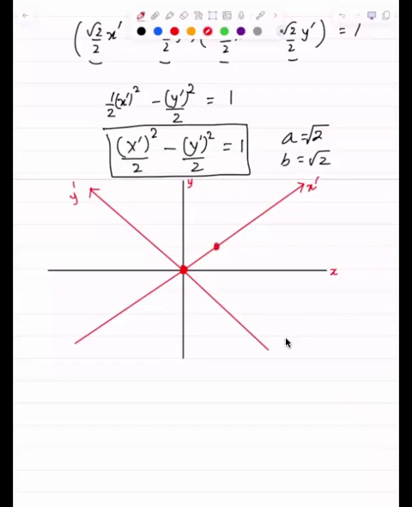It's on the x prime axis, so the a is root 2 and negative root 2. The b's are also root 2 and negative root 2. And we connect them and make our box. You have to keep your head turned, because it's only on the x prime and y prime.